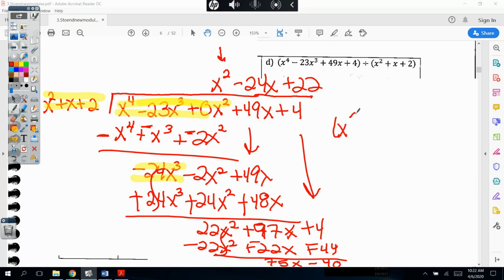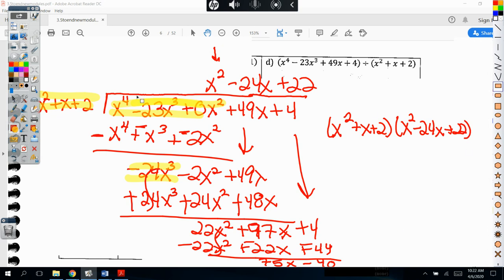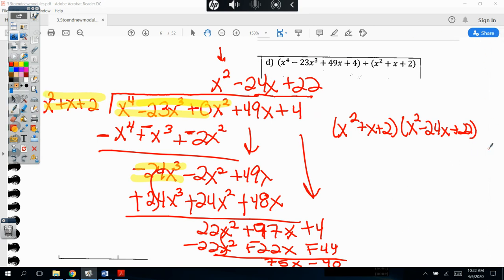You will have x squared plus x plus 2 times x squared minus 24x plus 22. That doesn't equal what we needed to, and I don't know if I gave myself enough room here. But if I add in 75x minus 40, then I get the x to the fourth minus 23x cubed plus 49x plus 4.